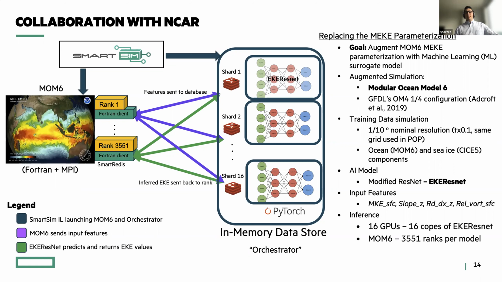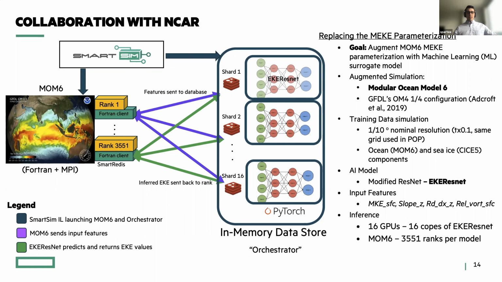So talking a little bit about the computational setup here, you have MOM6 on 3,551 ranks, each with one Fortran client from SmartRedis. Over the course of the simulation on the baroclinic timestep, which I believe is every 2 hours of the simulation, it sends features of mean kinetic energy at the surface, deformation radius, slope, and relative vorticity to the database, in which case the database is sharded on 16 nodes, each with one GPU.